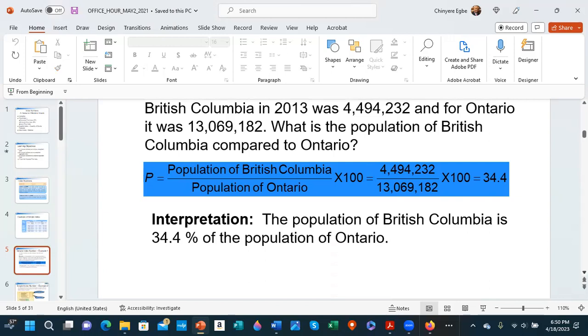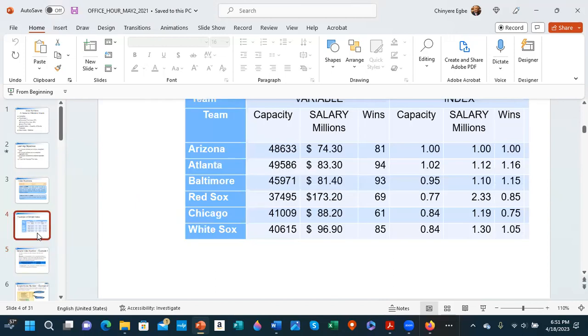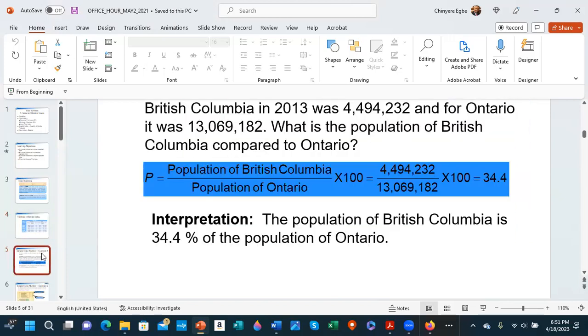Now, this might appear trivial to you. It is not trivial if you have numerous other members of this population. When you calculate the index and put it in a table, like we have here, suppose you have 20 of them, it becomes easier to look at the other members of the population and have a quick and easy interpretation of the relative values to the base, okay?